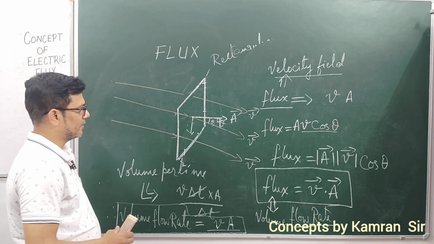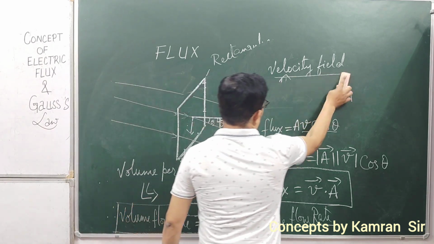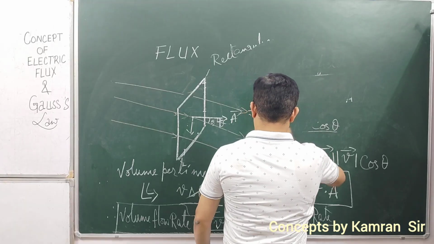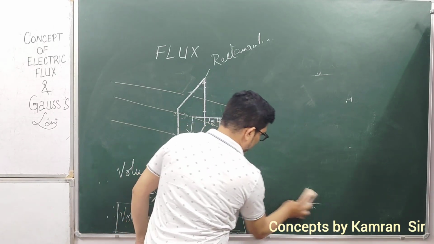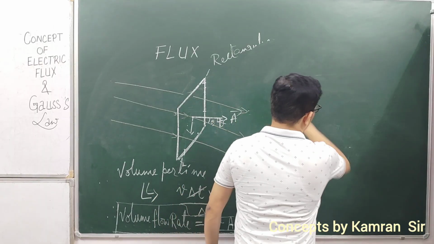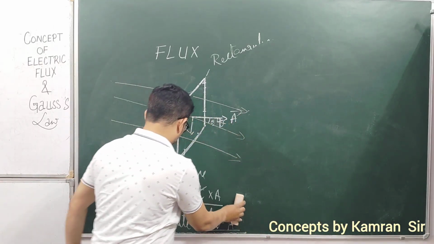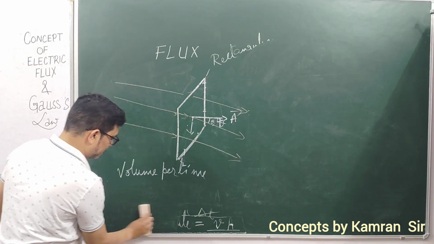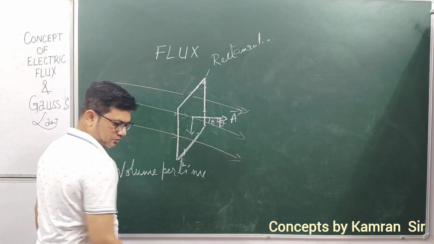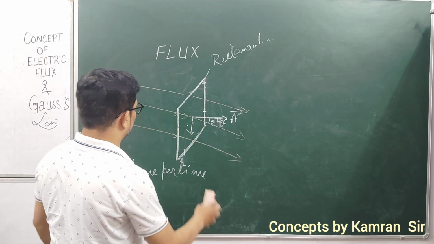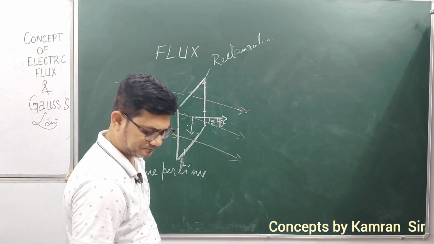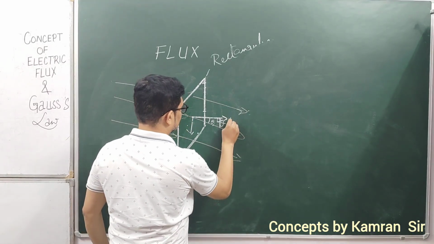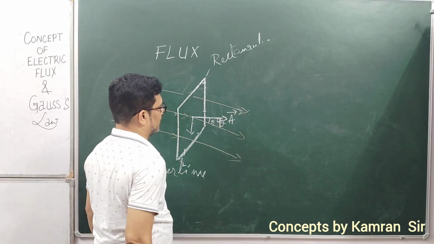In general, we have understood what flux is. Now let's discuss again. If you remember, we talked about velocity field, right? When we are talking of velocity field, we get a general equation for flux.